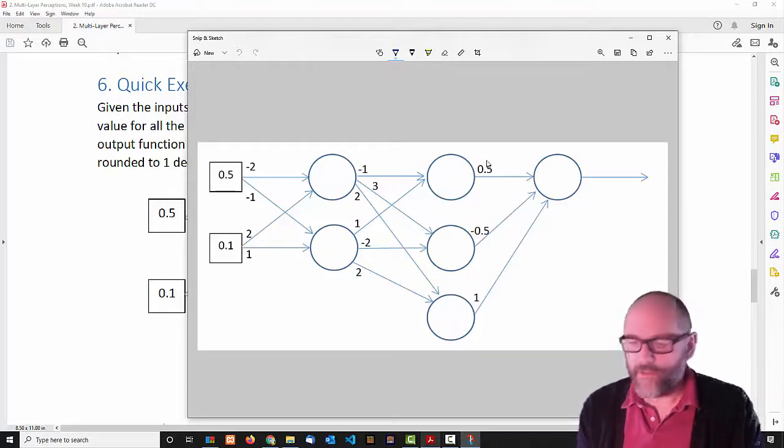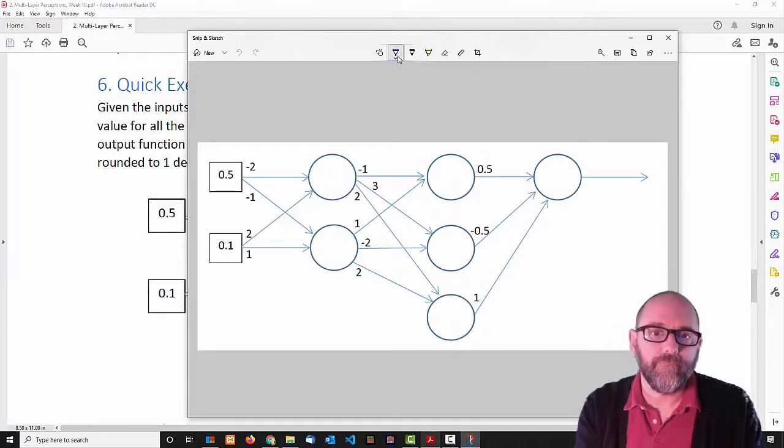So how we would get started on this is we could take a look here at this unit. We want to know the activation and the output of this unit. So the input for that unit is -2 times 0.5 plus 0.1 times 2.